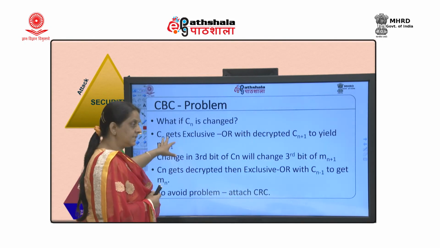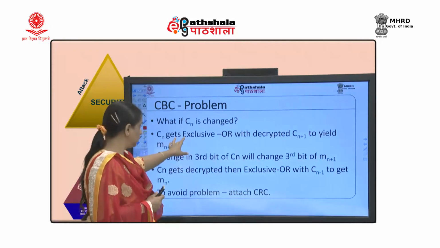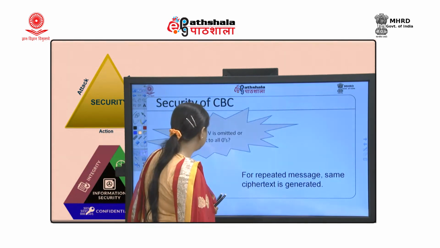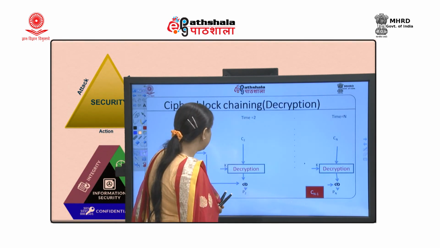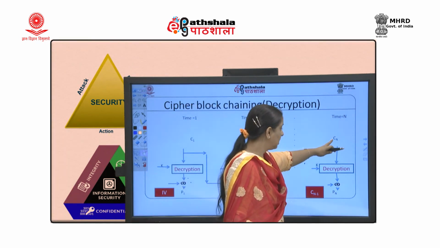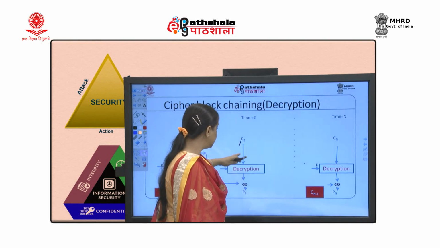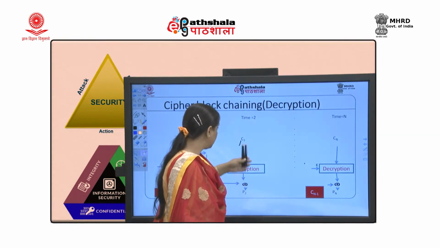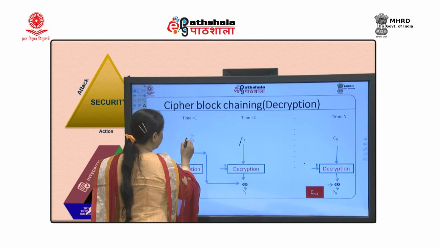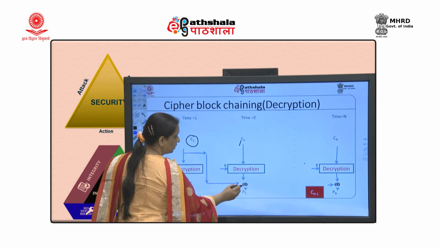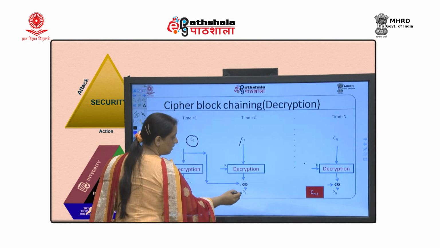Now, the question is, what if Cn is changed? You have observed from the figure that if Cn is changed, or say C2 is changed, or to visualize it more, if there is any change in C1, C1 is fed as an input to exclusive OR with P2.